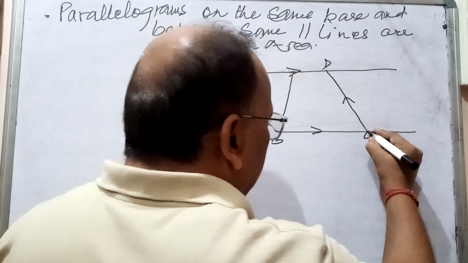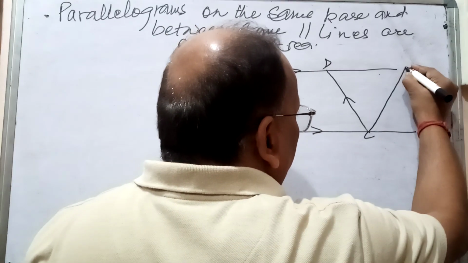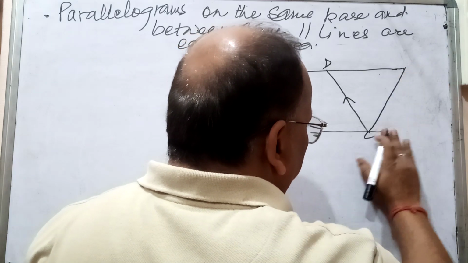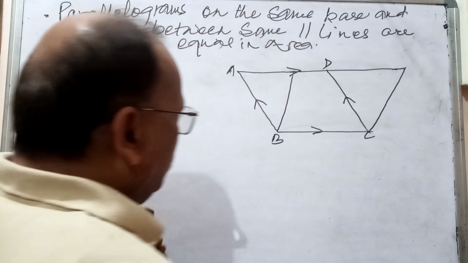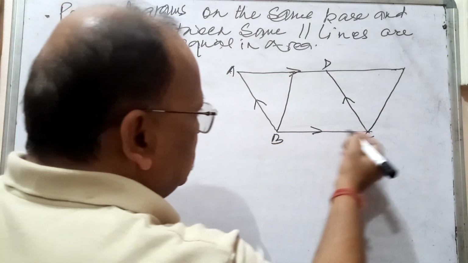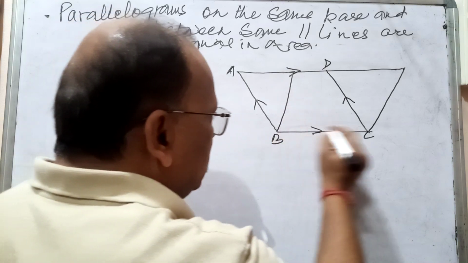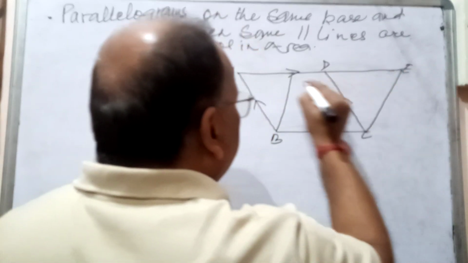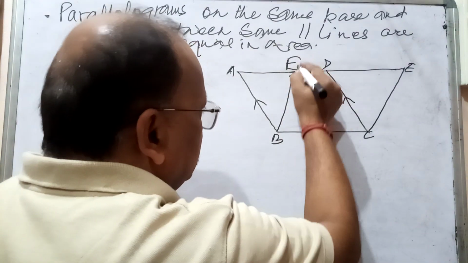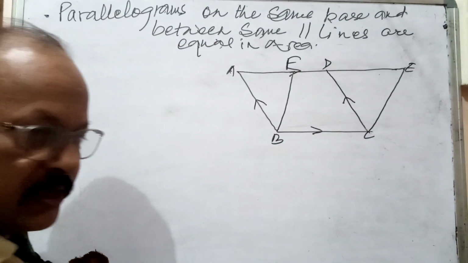So the other parallelogram is named FBCE. This is another parallelogram, isn't it?